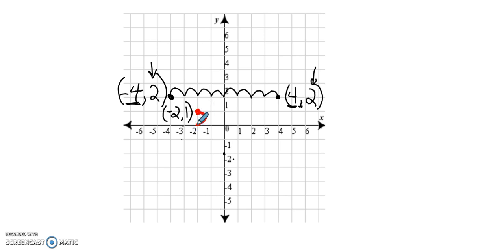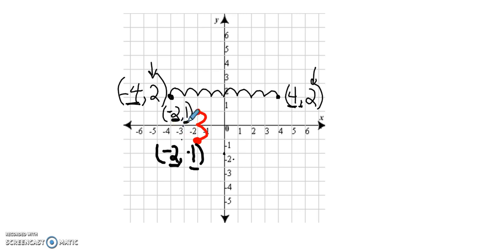It's 1 unit away from the x-axis in this direction, so it has to be 1 unit away in the other direction. The ordered pair of that point would then be negative 2, negative 1. Notice it's reflected across the x-axis, so the x-coordinate is the same, negative 2, and the y-coordinate is the opposite. 1 and negative 1 are opposites.